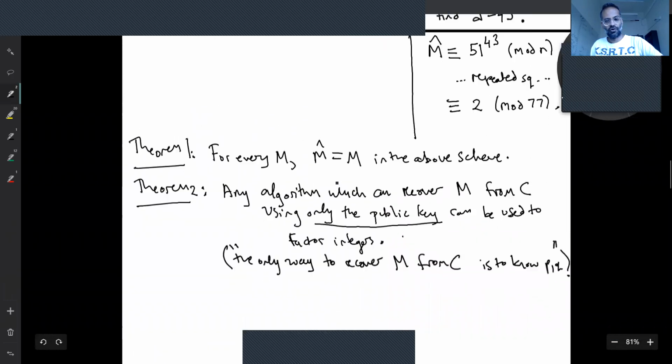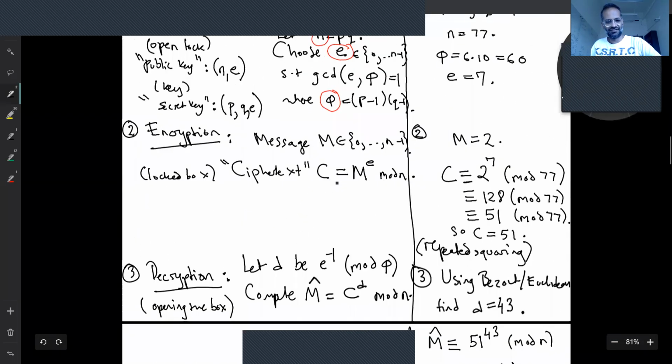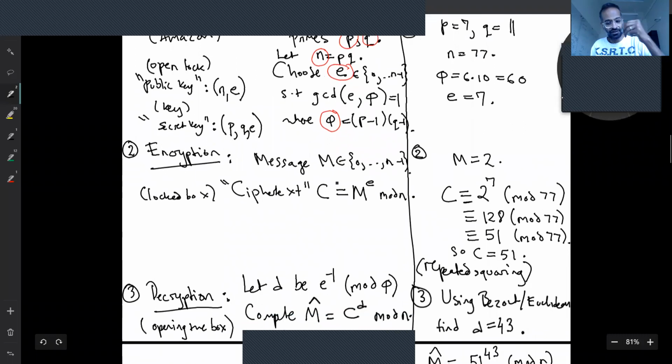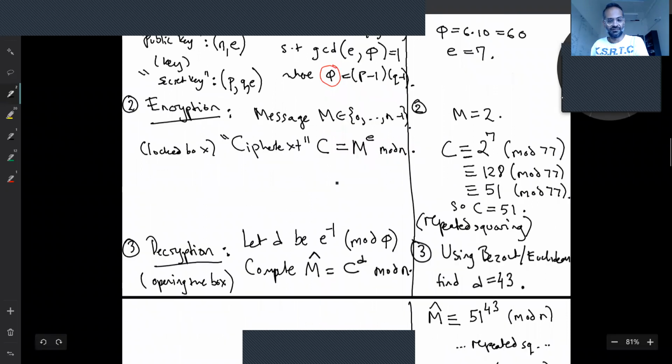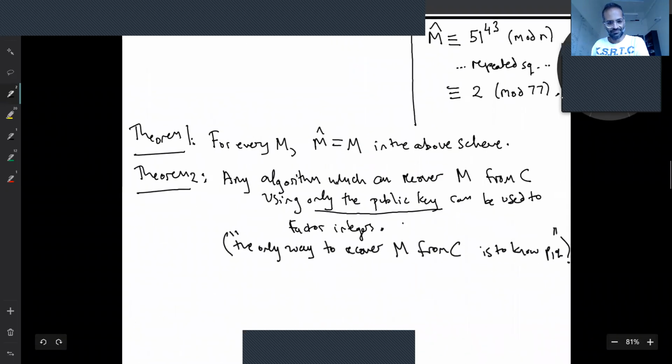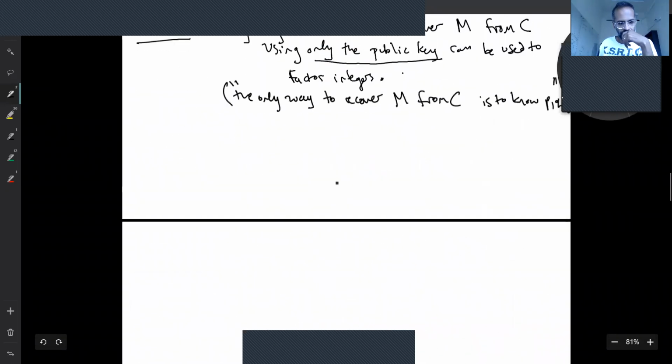Okay, so let's prove theorem 1, that at least this weird looking scheme actually is a valid way of communicating a message, which is by no means clear, right? So, proof of theorem 1.